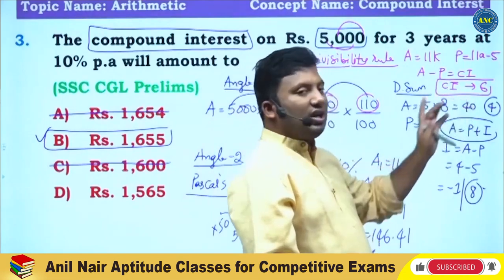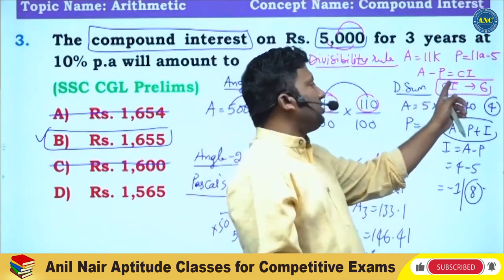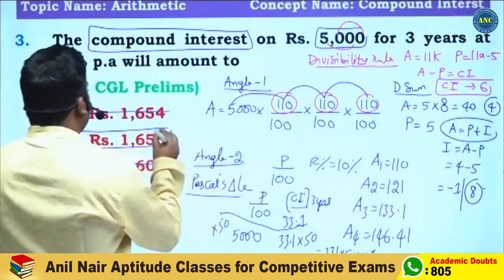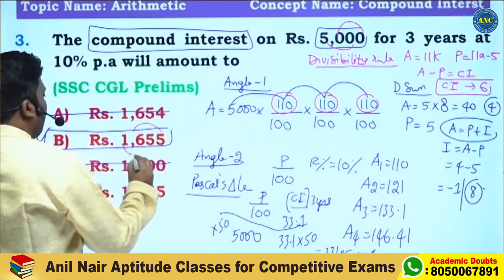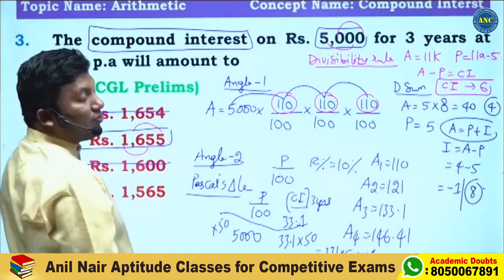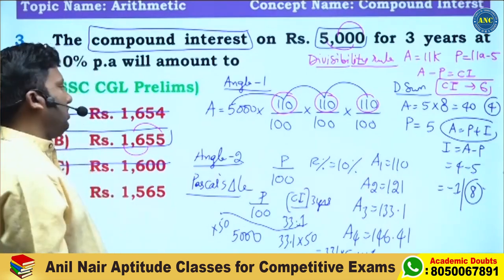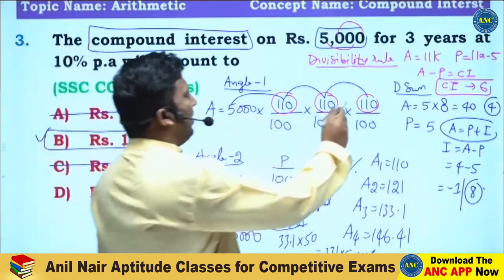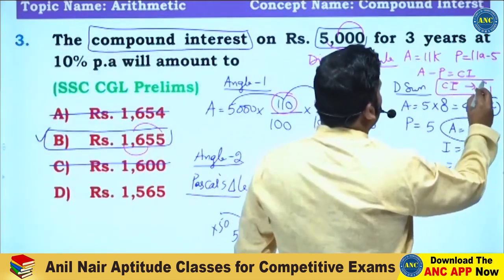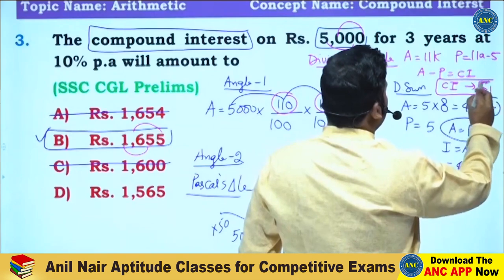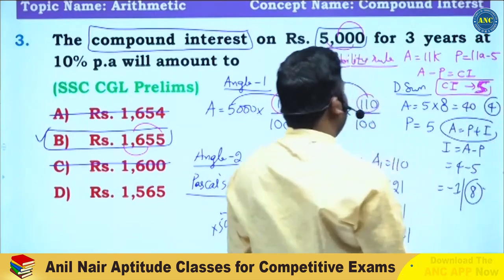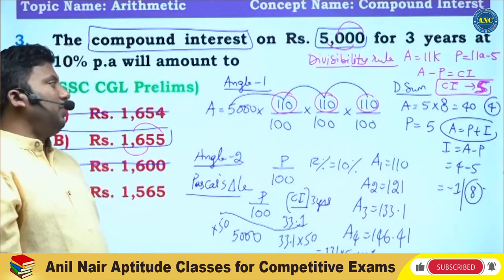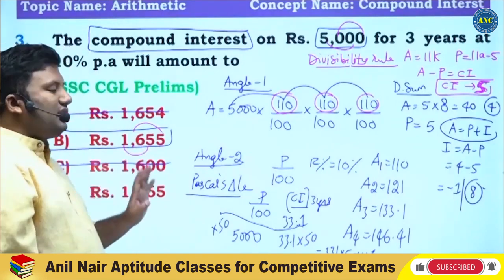Compound interest should give a remainder of 6 when divided by 11. 5 plus 6, 11. 5 plus 1, 6. 11 minus 6 is 5. Minus into minus is plus. 11 minus 6, it is 5.